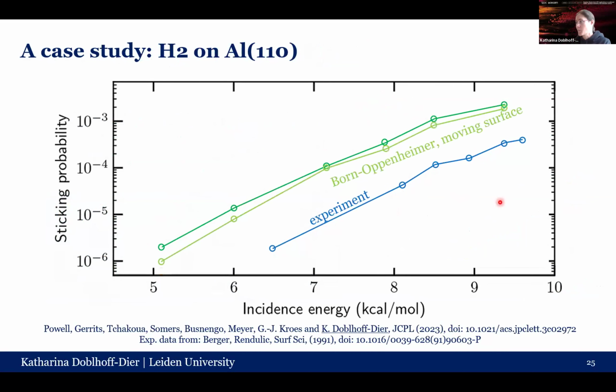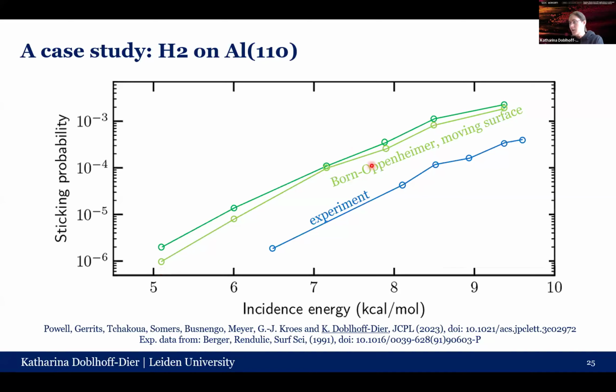So we can go a step further and allow the surface to move. You'll see the reaction probability decreasing a bit. You can rationalize this by energy lost towards the aluminum atoms. You can also say, I don't like the Born-Oppenheimer approximation. How about non-adiabatic effects?